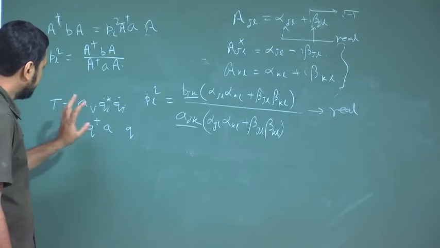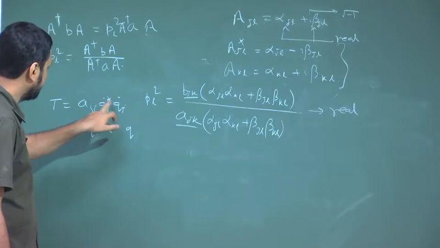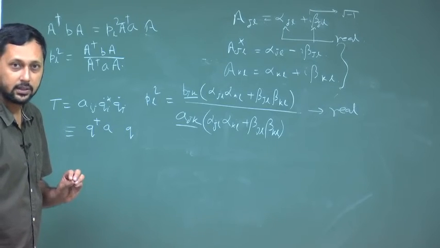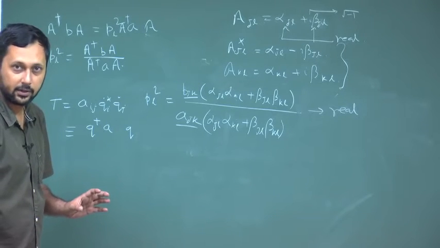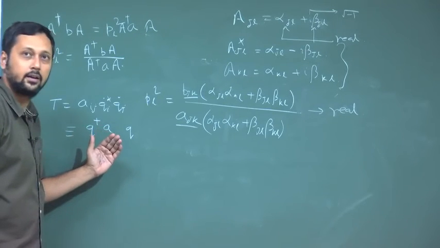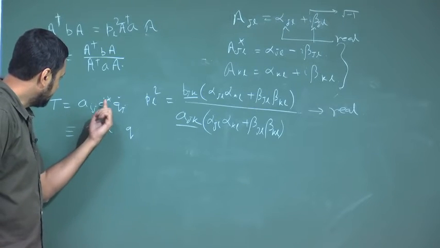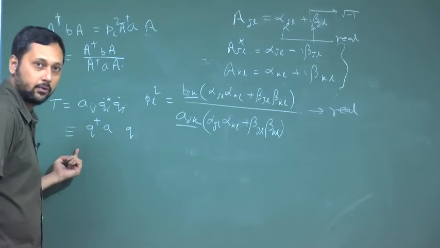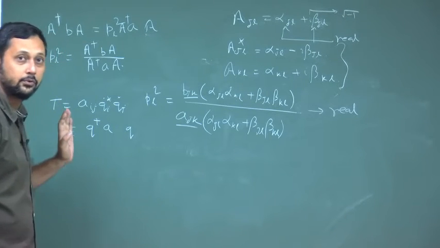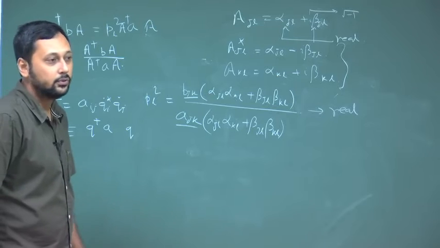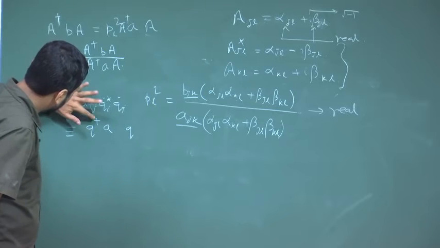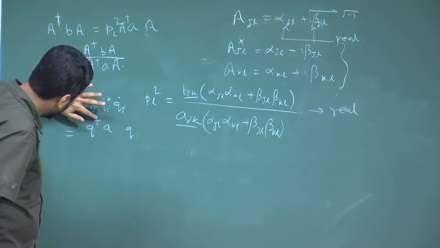Please understand that this star is necessary, because initially when we started we took q's as generalized coordinates without any knowledge whether they are real or imaginary quantities. But now we know that q's are in general complex. So, this operation is needed in order to write it in this particular form. Otherwise, a simple transpose will do. If we find out later on that A's and Q's are all real quantities, we do not need a star here, but we have to put a transpose.